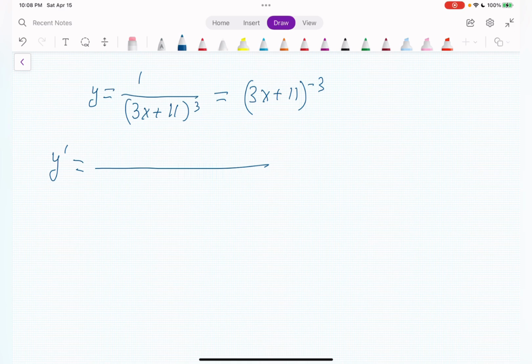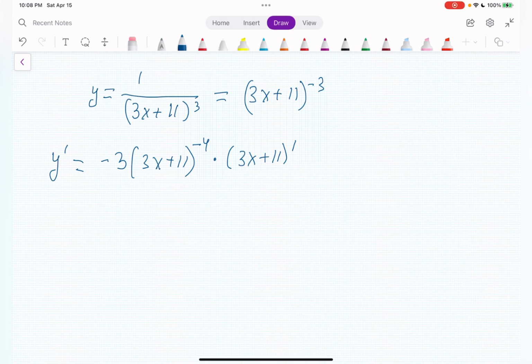It would be much easier. So for the derivative, the negative 3 comes in front, and we get 3x plus 11 to power negative 3 minus 1, which is negative 4, and then times the derivative of the inside, 3x plus 11.